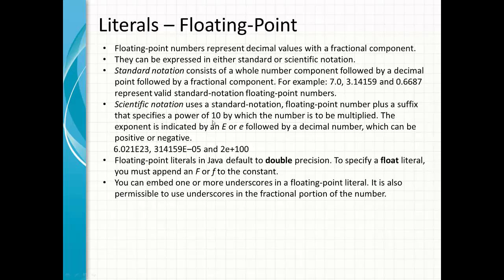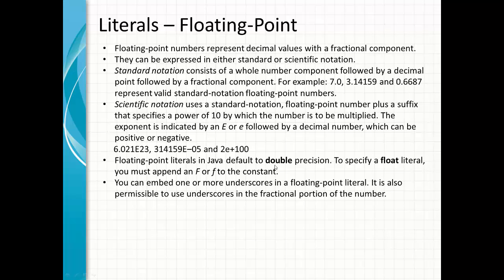It specifies a power of 10 by which the number is to be multiplied. So over here we define 6.022 exponent 23, 314159 exponent minus 0.5, so that we can bring the decimals, and 2 exponent plus 100. By default it is plus.